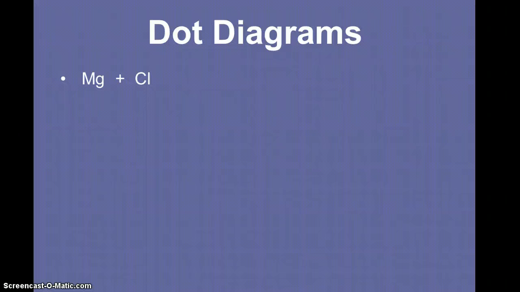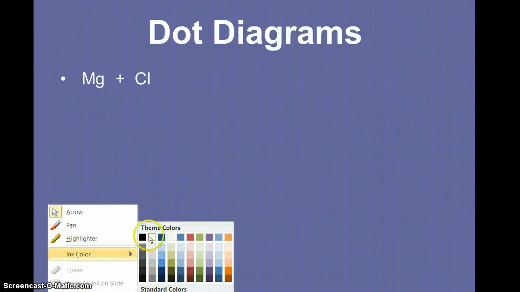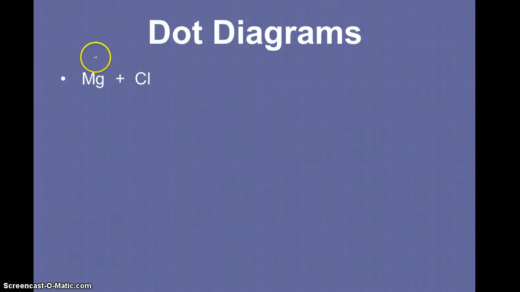Magnesium has an oxidation state of 2, and chlorine has an oxidation state of 1. That is the top charge on chlorine on your periodic chart. Again, go with that top atomic charge, which we will call oxidation state.